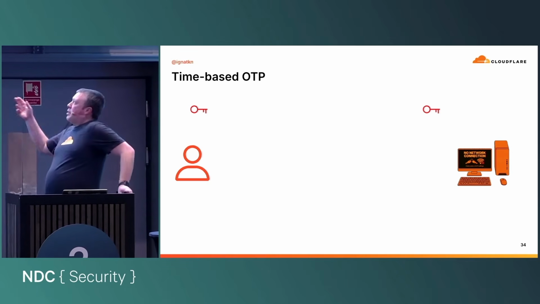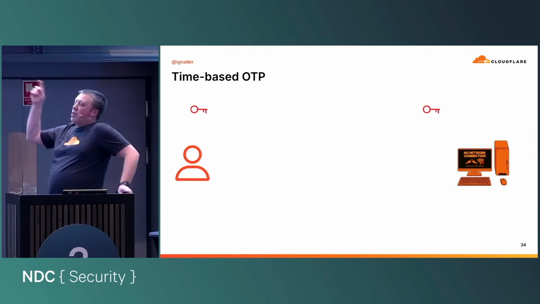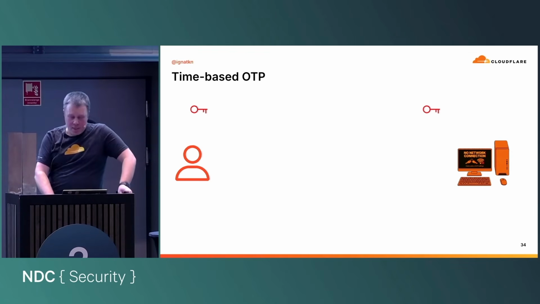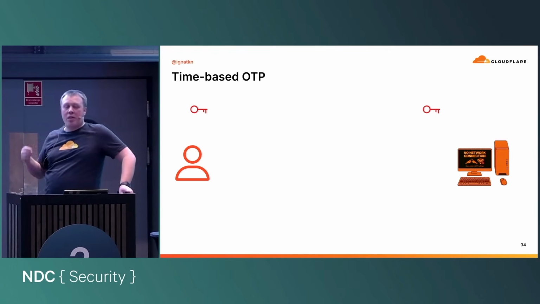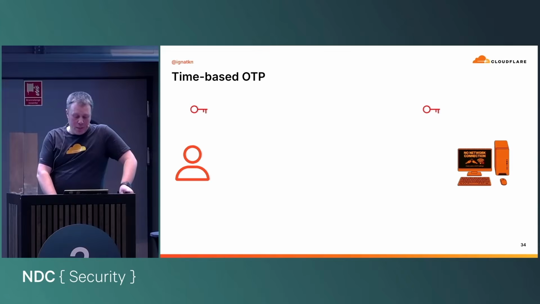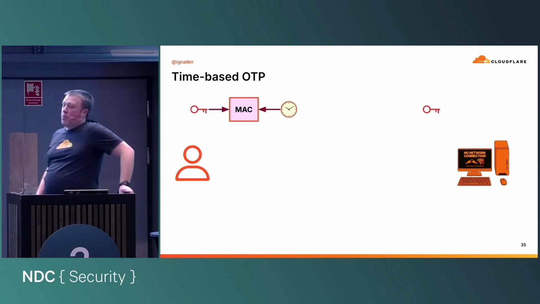So now in this initial state, both server and client know the shared secret, but we need to prove to the server that we know the secret without actually revealing it, in a one-time manner. With time-based OTP, we use some kind of message authentication code, most commonly HMAC.